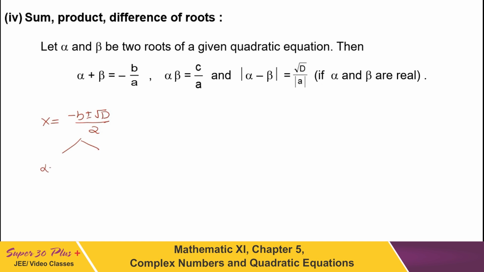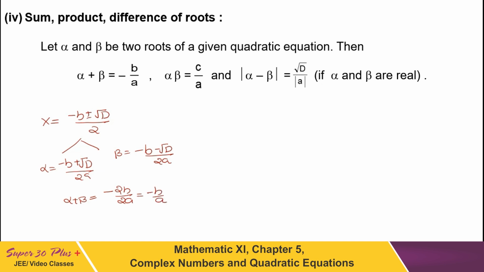Let alpha be equal to minus b plus root d upon 2a and beta be equal to minus b minus root d upon 2a. Then what is the value of alpha plus beta? We are going to add these two. It will be minus 2b upon 2a, and it is equal to minus b upon a.